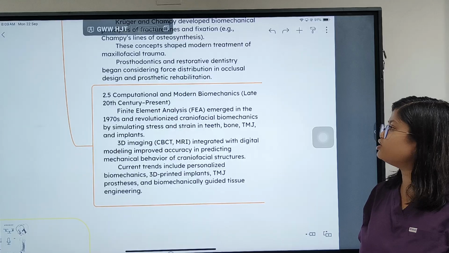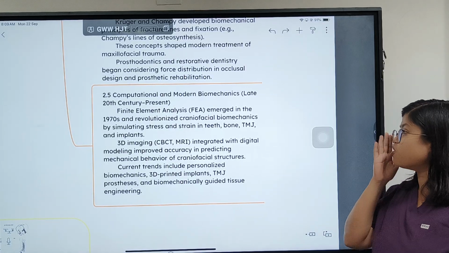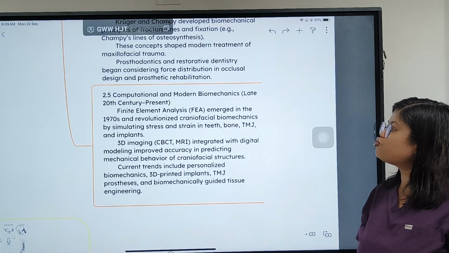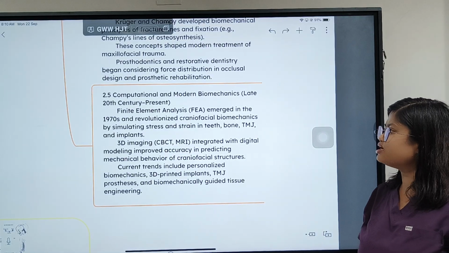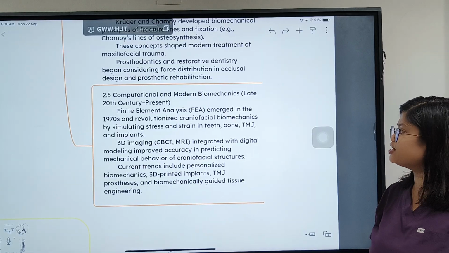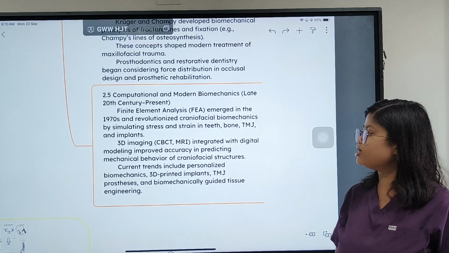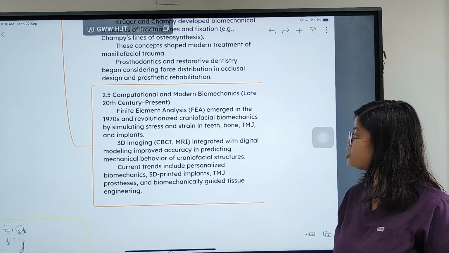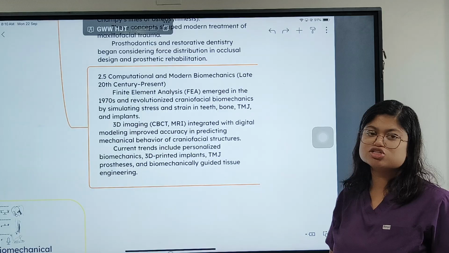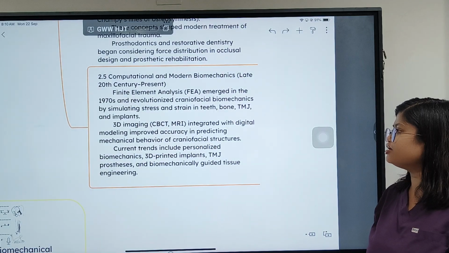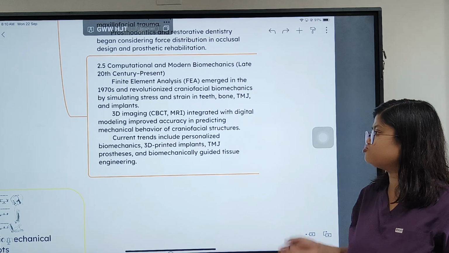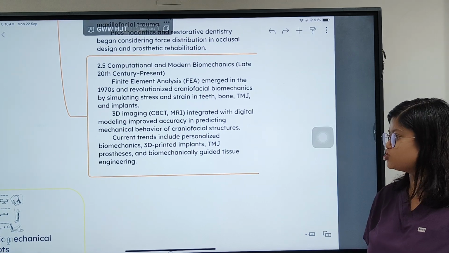Then comes computer-aided biomechanical modeling, from the late 20th century till present. The introduction of finite element analysis in the 1970s revolutionized craniofacial biomechanics by simulating stress and strain in teeth, various bones, TMJ and implants. 3D imaging technologies such as CBCT and MRI integrated with digital modeling improve the accuracy of predicting the mechanical behavior of the craniofacial structures.